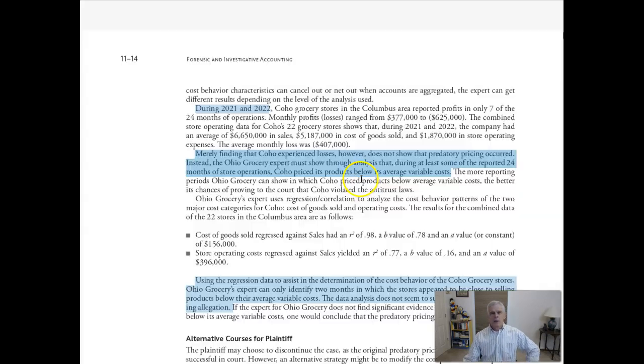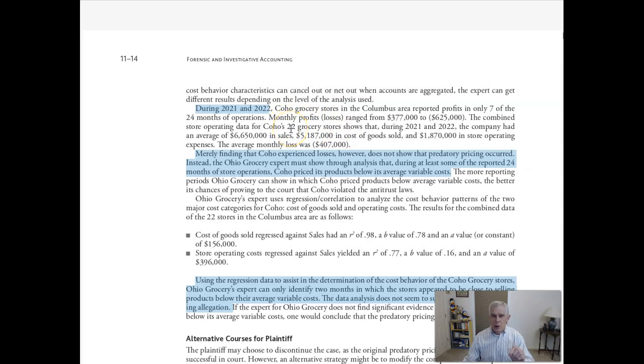So some of the high points. During 2021 and 2022, the expert for Ohio Grocery Store found out that Coho only reported profits in 7 of the 24 months during this 2-year period. So is Coho actually reducing prices below what they should be?